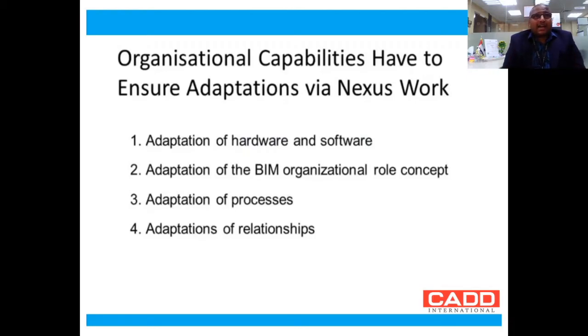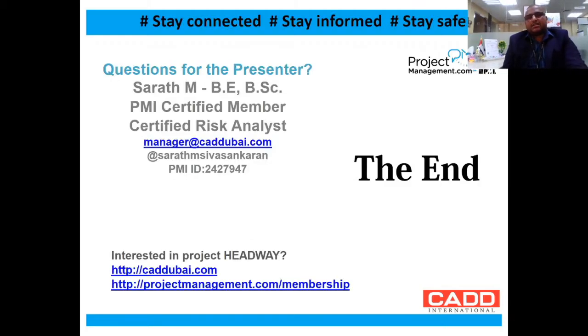Sometimes they may not be implementing all the 49 process groups in project management, so in this case we have to implement more processes, and they have to have a much better stakeholder relationship, that is through the adaptation of the relationship. So these are the key things which resulted from implementing BIM in this organization.